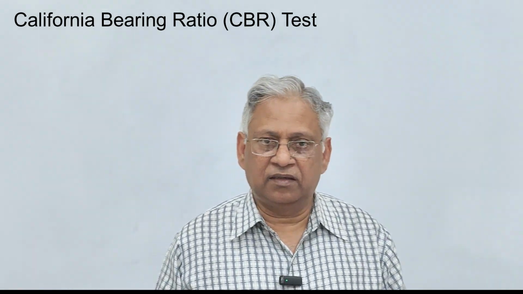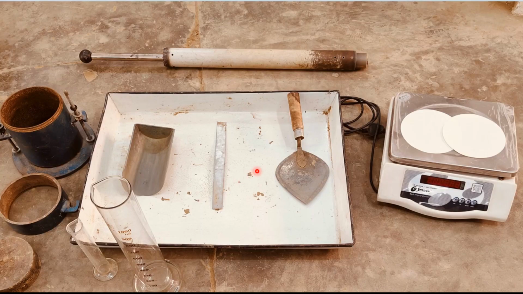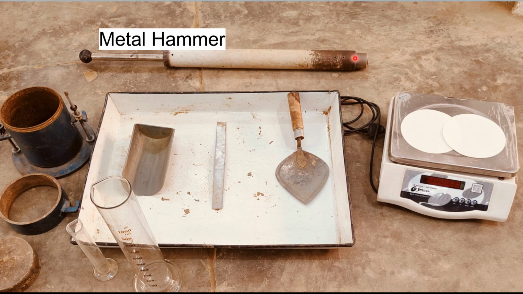For conducting this test, you need some apparatus and equipment, and these are shown here. You need a tray for taking the soil, then a mold with base plate, stay rod and wing nuts, a collar which is a 50 millimeter extension above the top of the CBR mold, a spacer disc, and a metal rammer as per standard dimensions specified in IS 9198.